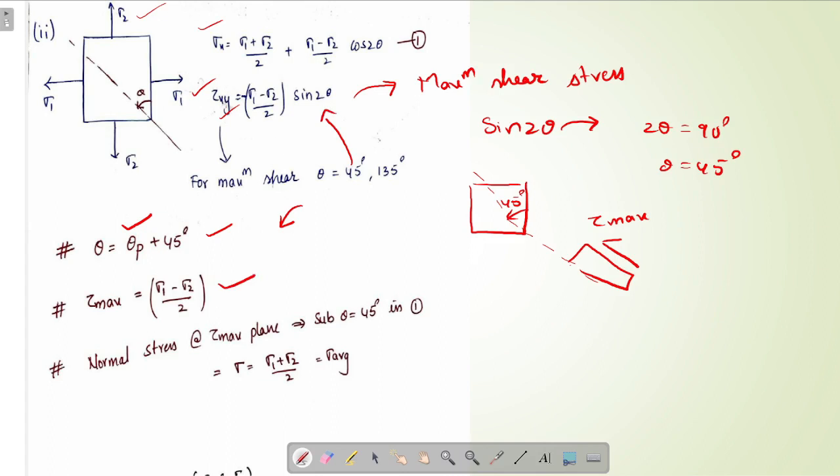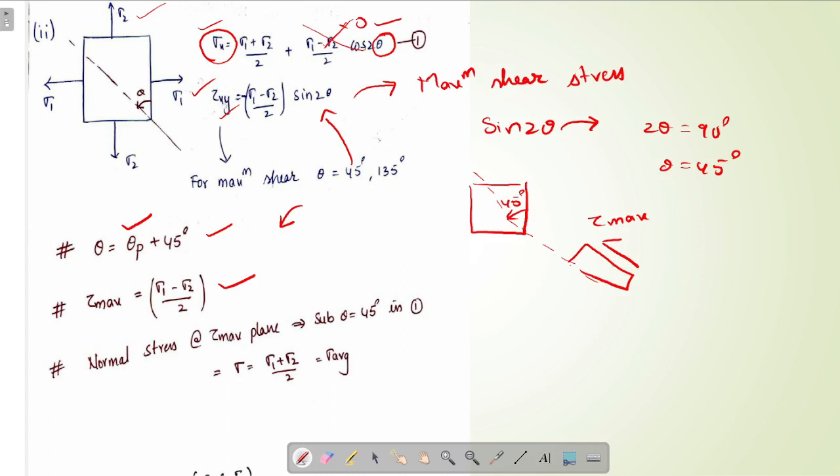Now let's see on the maximum shear stress plane what will be the value of normal stress. By substituting theta equals 45 degrees here, it will be cos 90, which is 0. So, we will get sigma as sigma average.